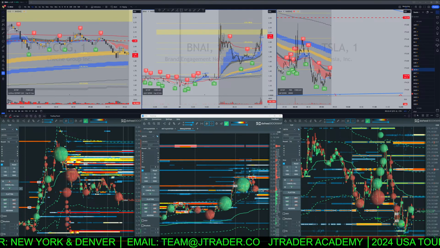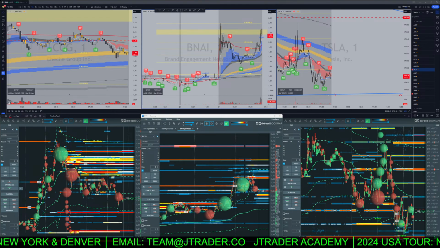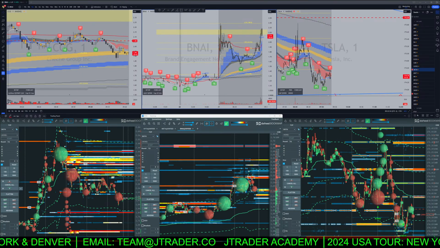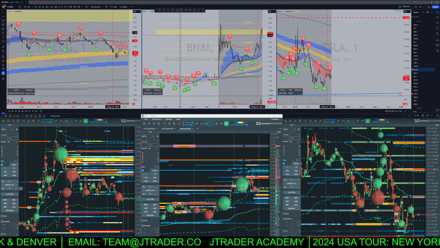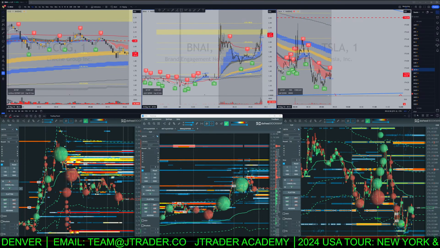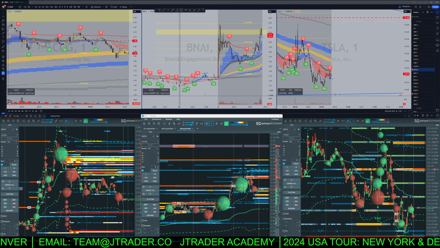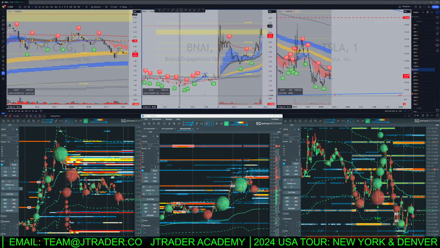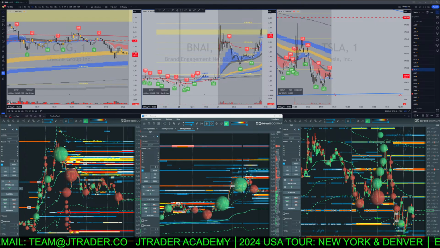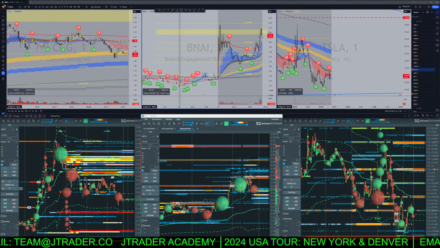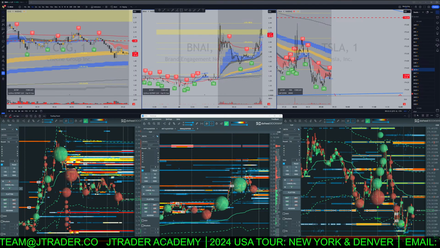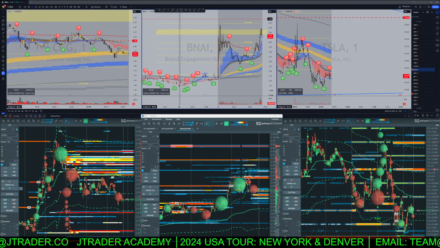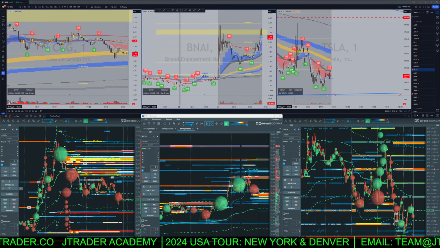We still have about 7 minutes before the open. I'm also looking on the chart at key levels that we may have, and the only key level that I'm looking at right now is the 250.